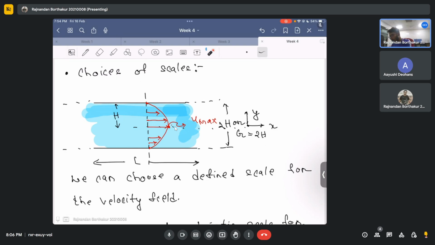If we choose the L scale instead of G or H as the characteristic scale, the thing is that the flow is already hydrodynamically fully developed. This means if I move along the x direction, there is no point where the velocity field would vary. Our point of interest is to capture the radial variations of the velocity field, and that's why we will choose that scale which captures the physics of the problem.